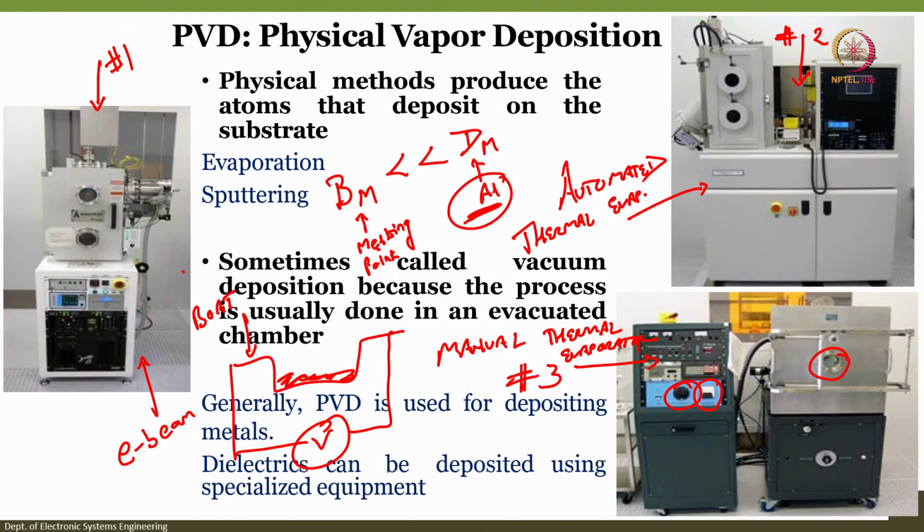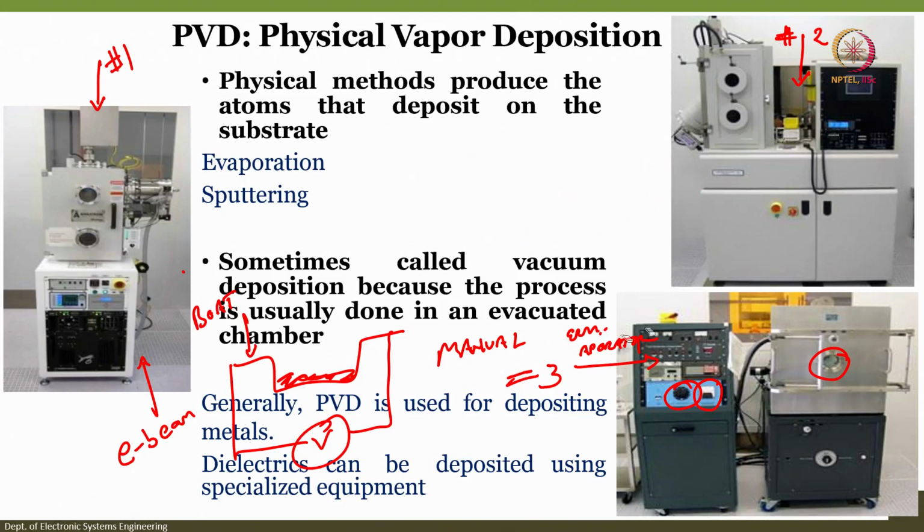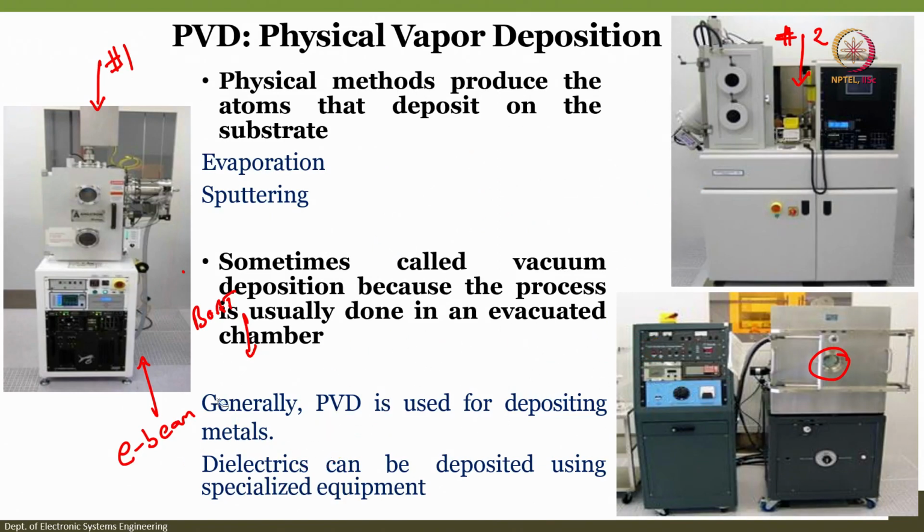So, you need to be careful about where to use a thermal evaporator and where not to. Now, what other things can you see? That is not all about thermal evaporation. The other thing that you see is this one. This is a chamber.